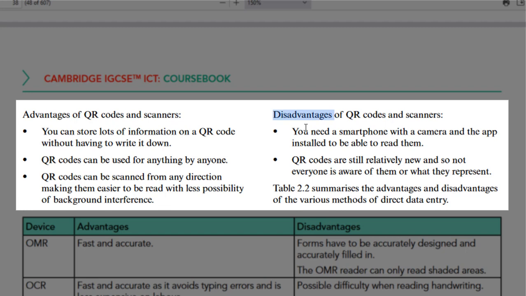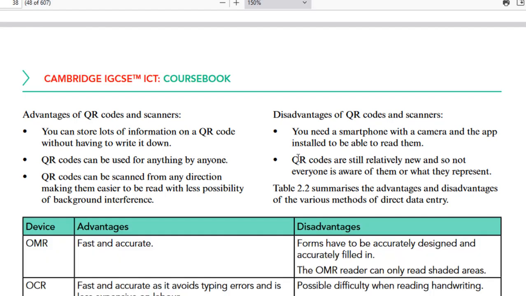The disadvantages are you need a smartphone with a camera and the app installed to be able to read them. QR codes are still relatively new, and so not everyone is aware of them or what they represent. I still remember the day when I sat in a restaurant and asked for the menu and they said you need to scan this QR code.